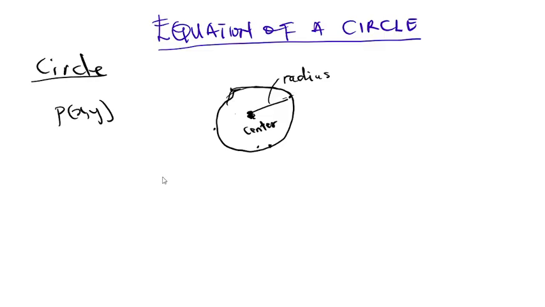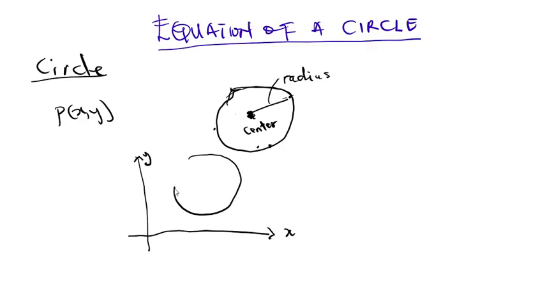So now we know the definition of a circle. What equation do we use to represent a circle? Let's consider this plane, with the y-axis and the x-axis, and our circle here. Let's name this point C as our center, denoted by a, b.